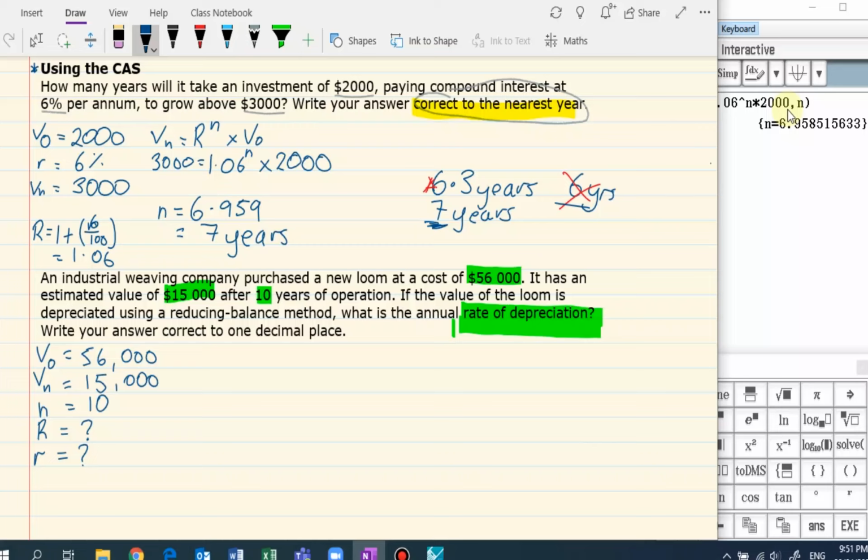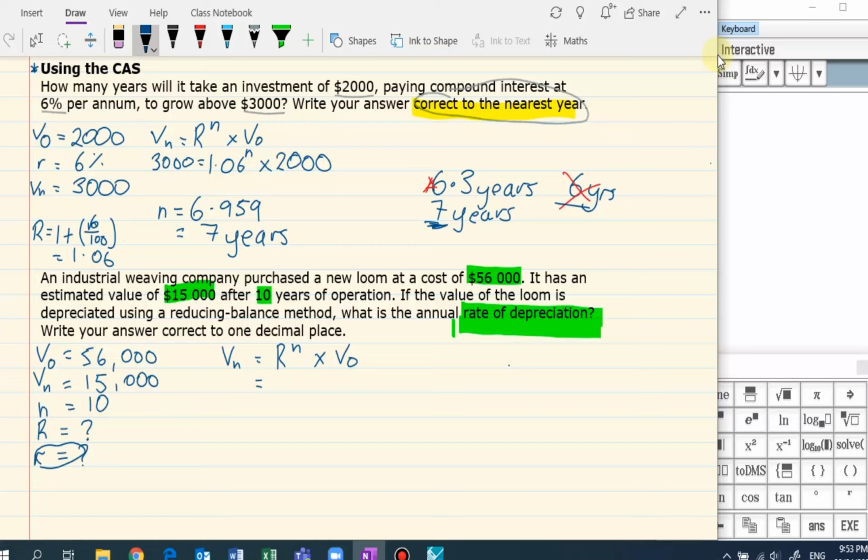So we know that our equation looks like this. Vn equals R to the power of n times V0. Because we're trying to find, at the end of the day, the little r, I'm going to expand out our rate of change, so big R, into its components.